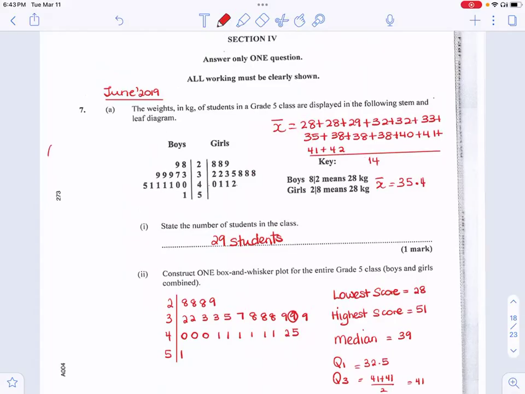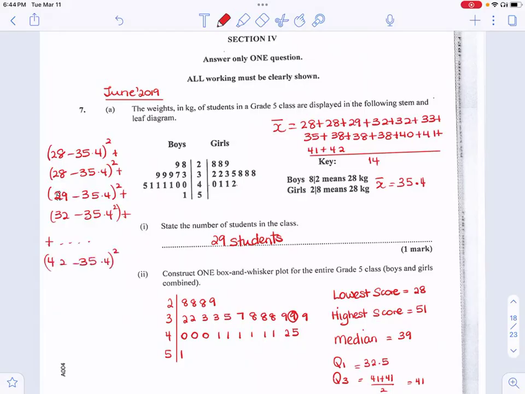You could put 28 minus 35.4 squared plus 28 minus 35.4 squared plus 29 minus 35.4 squared plus 32 minus 35.4 squared plus all the way down to 42 minus 35.4 squared. When you get an answer, divide by 14.